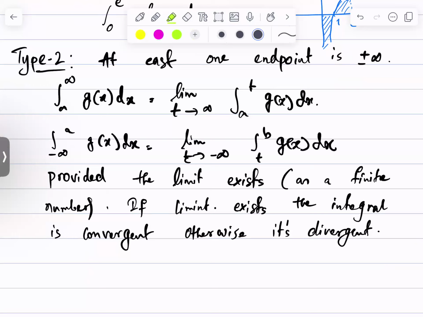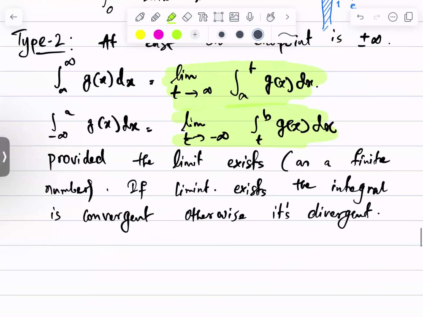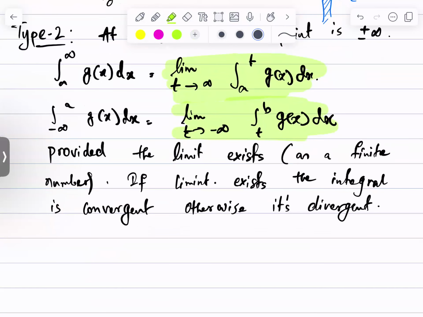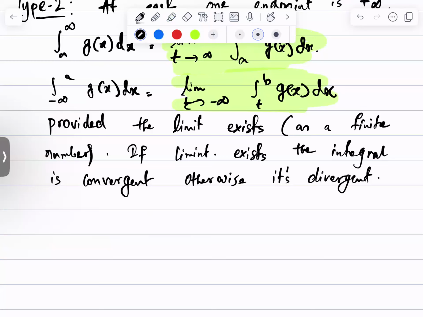The main issue is that if this limit exists, then we say that the improper integral converges, else we'll say that this is divergent. Okay, cool.